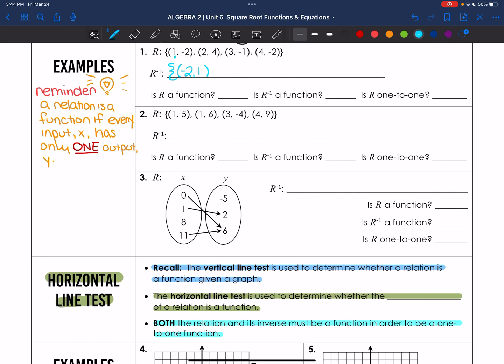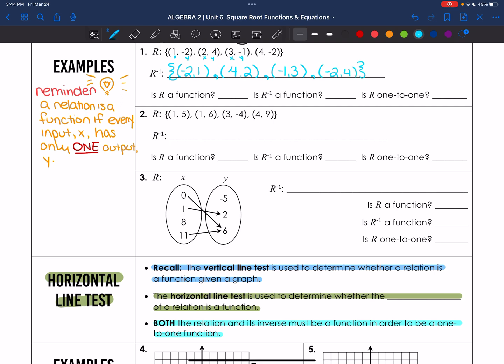The next one would be 4, 2. I'm not changing their signs, I'm just switching their position. So now the x is the y value and the y is the x value. See how that's switching around?